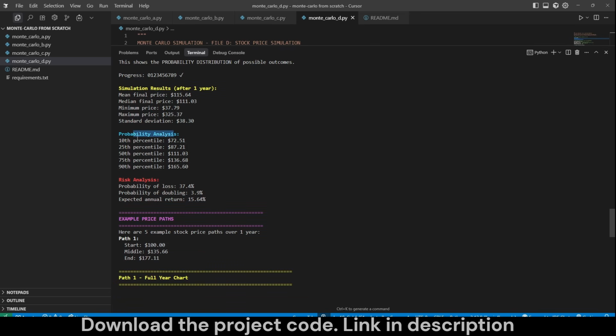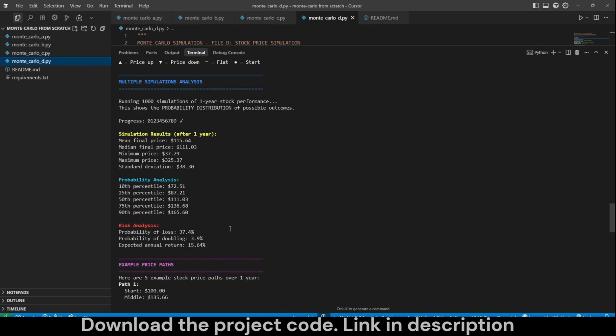Probability analysis is that, 90th percentile means the most likely scenario, I believe. No, 50th percentile means, actually, this means that 10% of the values are at or below $72 in this distribution.